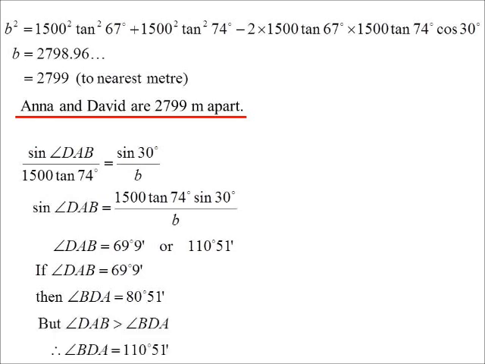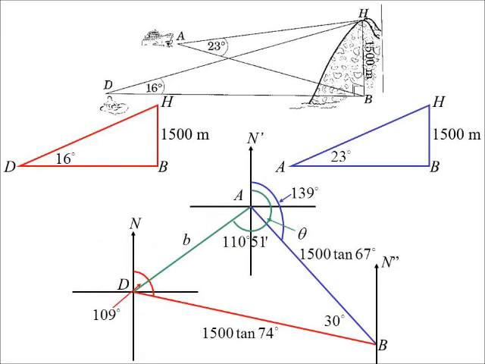But remember, the biggest side is always opposite the biggest angle. So I know angle BAD has to be bigger than angle BDA. So therefore, BAD must be the 110.51.